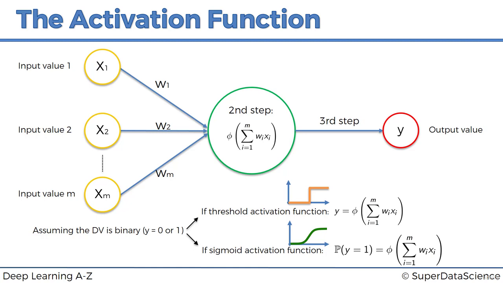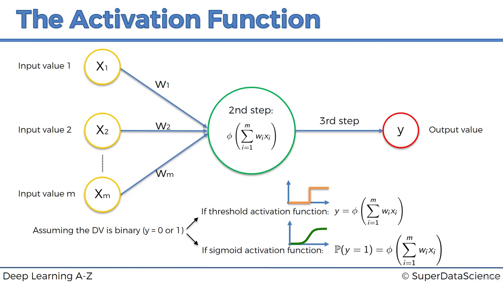So basically, the closer you get to the top, the more likely it is that this is indeed a 1 or a yes rather than a no. And that's very similar to the logistic regression approach. And those are just 2 examples if you have a binary variable.